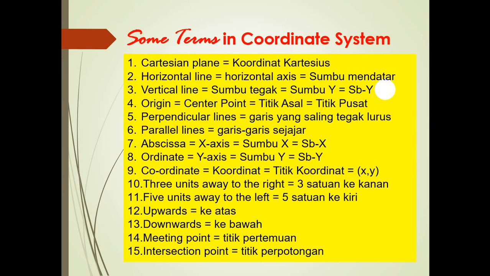Upwards, ke atas. Downwards, ke bawah. Meeting point, titik pertemuan. Intersection point, titik perpotongan, and so on. It means that we still have many terms in this coordinate system, but these are the key ones.